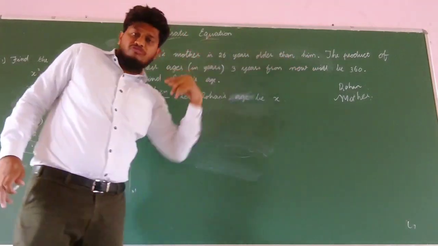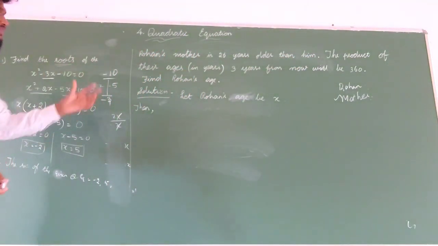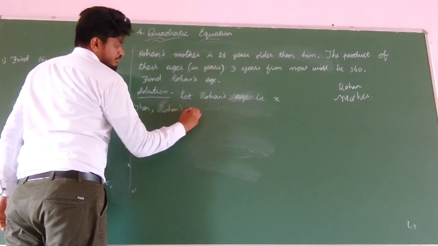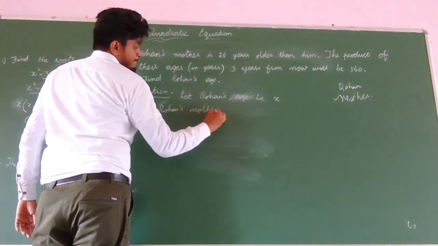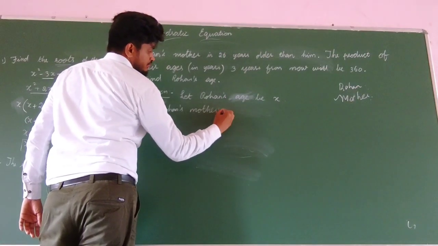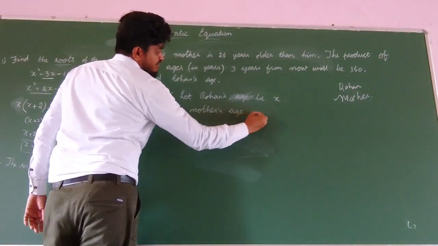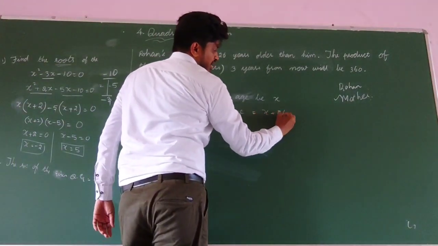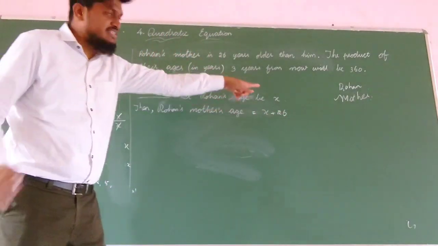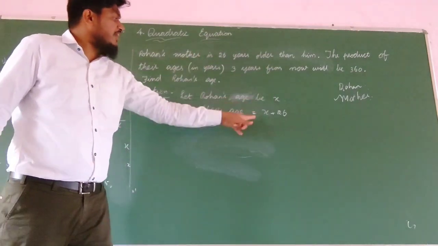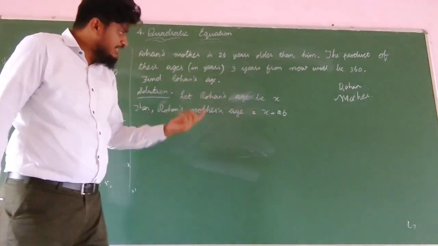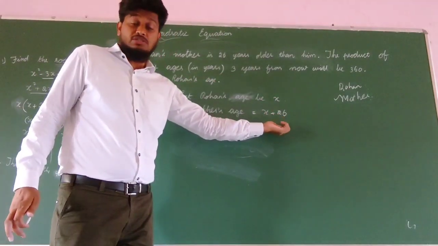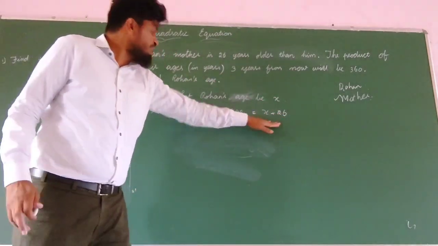So what about Rohan's mother? Rohan's mother's age will become x plus 26. Do you agree with this? Why? Because if Rohan's age is 5, we have to add 5 with 26. Now in this problem we don't know Rohan's age, that's why we are taking x, so x should be added with 26. Now this is the mother's age.